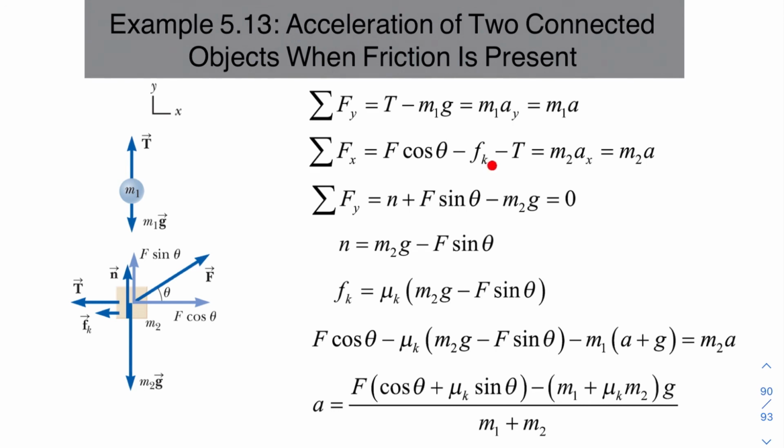So you substitute your fk here with this one. So this equation is going to be like this. Then rearrange, as our interest is a, rearrange the equation. This will be the equation for the acceleration.